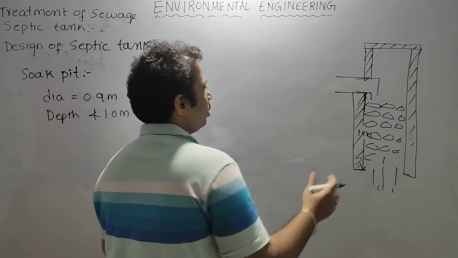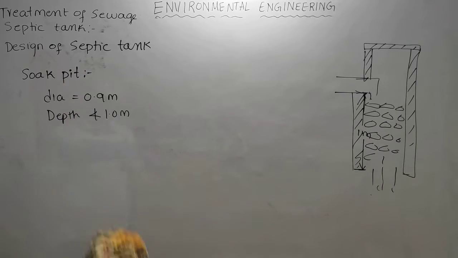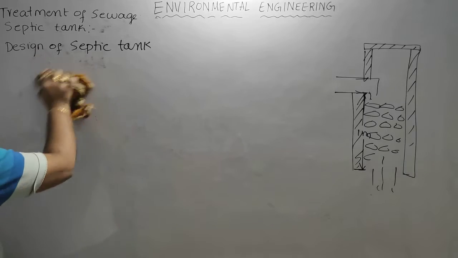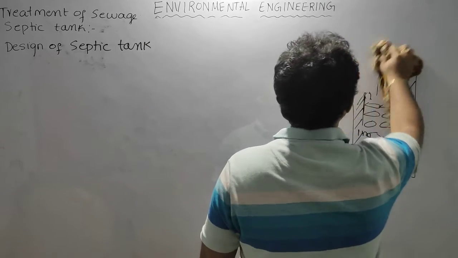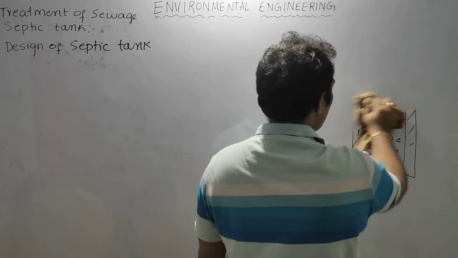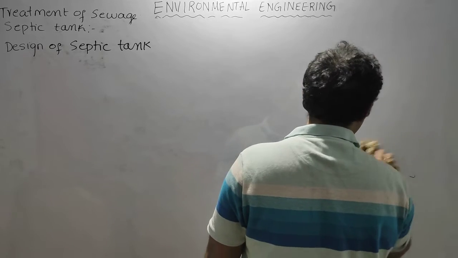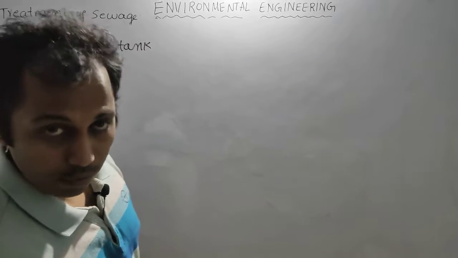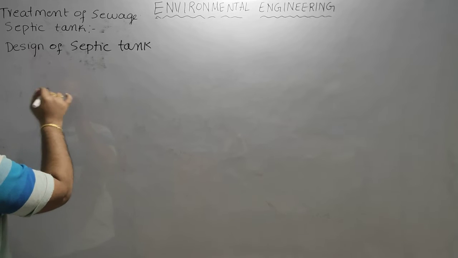So likewise generally the soak pit will be present. Similarly there will be a dispersion trench also. This dispersion trench will have a length of more than 30 meters generally. It will have a length around 30 meters or even more depending upon the effluent BOD. So dispersion trenches.